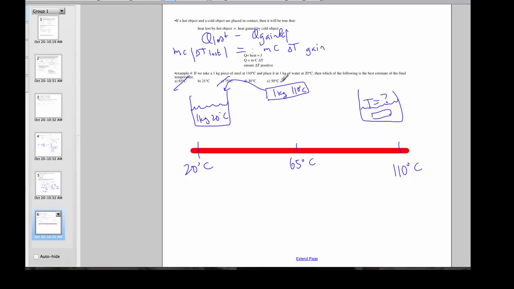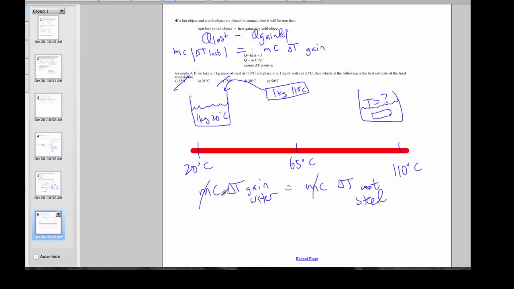So now we have 3 choices left, all of which satisfy the criteria that the water is not as easy to warm up as the steel. So probably we need to look at our relationship now. So this is MC, on this side's the water, so I'm going to say MC delta T gained by the water equals MC delta T lost by the steel. Now, because the masses are the same, that's not a factor.